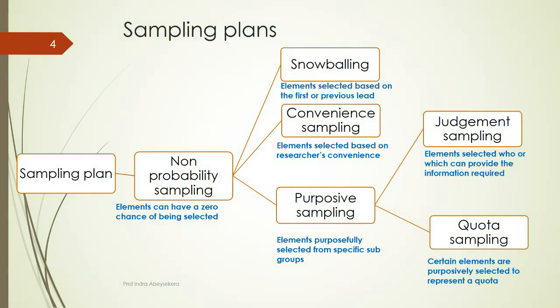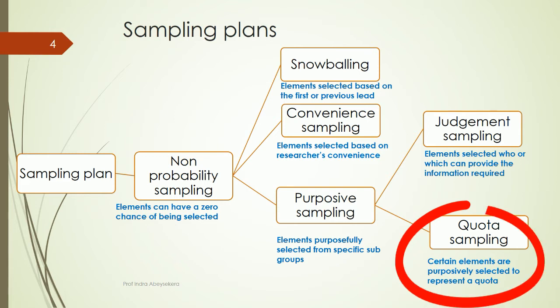Quota sampling is where the elements are purposely selected to represent a quota. Depending on the research problem, maybe the researcher is looking for opinions in relation to the organizational culture, maybe in a certain job category where the number of people is very small, maybe just one person.